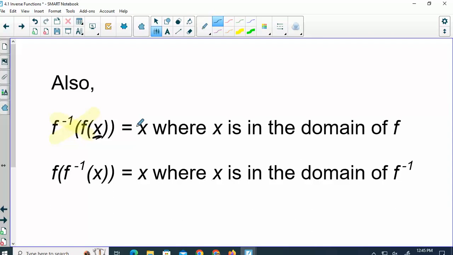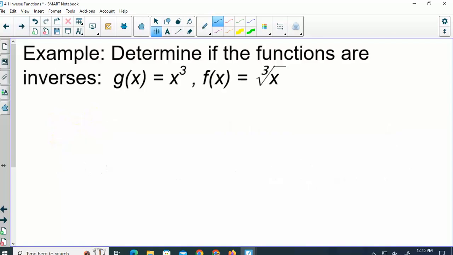All right. So now we're going to start looking at some functions, and we'll begin by just deciding if they're inverses. If they're inverses, they have to be true opposites of one another.